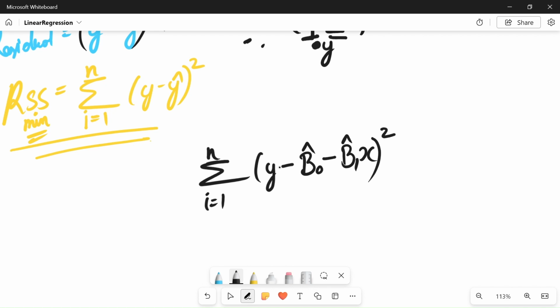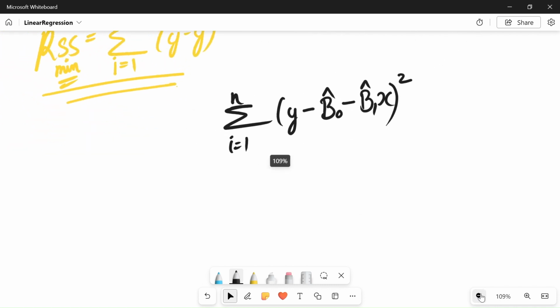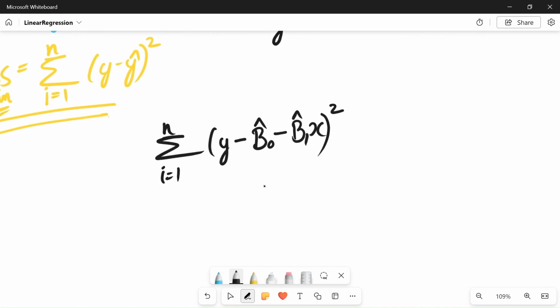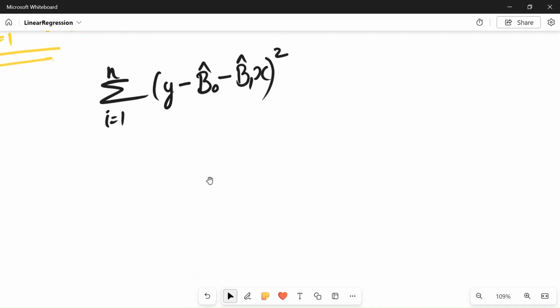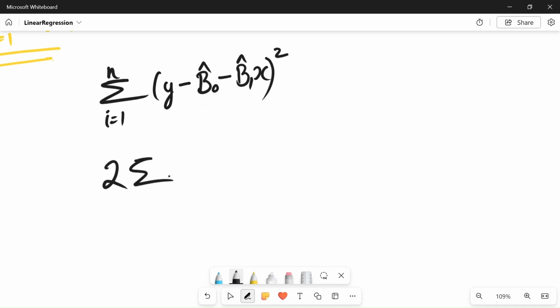Right now I have not differentiated the function. If I differentiate the function and apply the power and chain rules, then, let me make some space in here, what you'll get after differentiation is something like this.